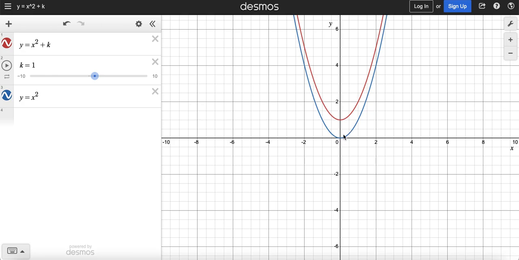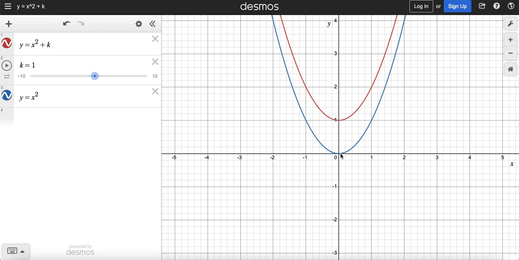Now we can see, if you zoom in here, y is equal to x squared plus 1, well, we just shifted this graph up 1 unit. Let's look at y is equal to x squared plus 2. y is equal to x squared plus 2 is shifted up 2 units. And we can keep going, right? y is equal to x squared plus 3 will be shifted up 3 units.